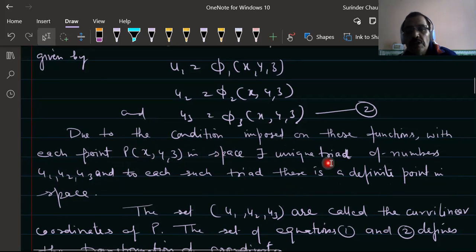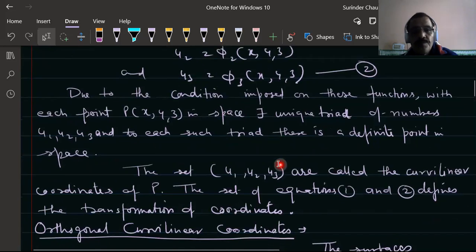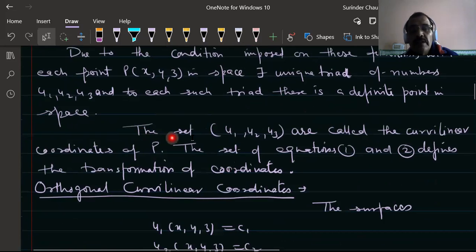So any point given in Cartesian coordinates can be converted into a unique triad u1, u2, u3, and this triad will be unique for each point in space. Then the set u1, u2, u3 is called the curvilinear coordinates of point P.